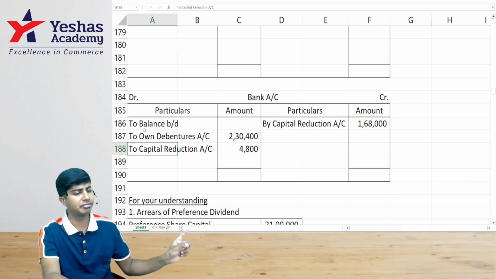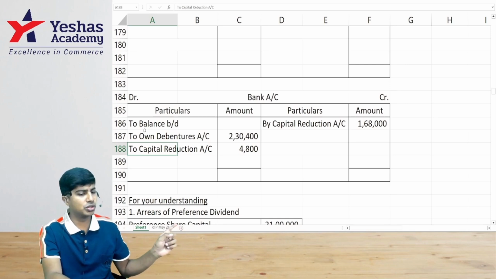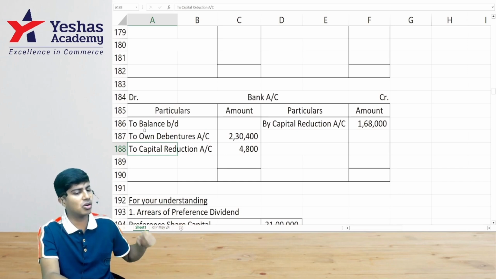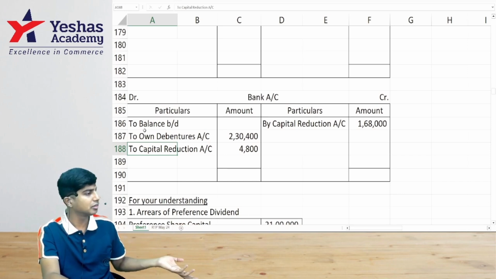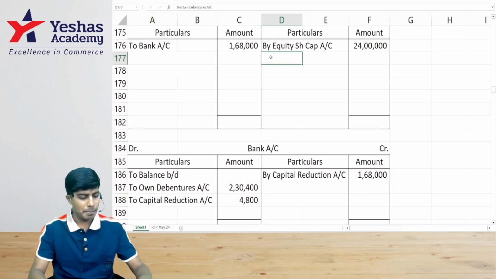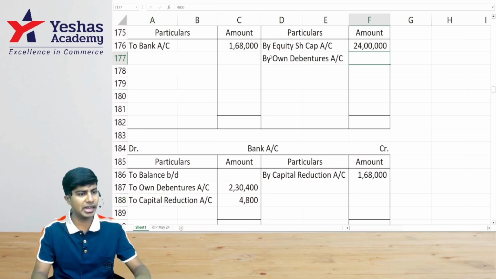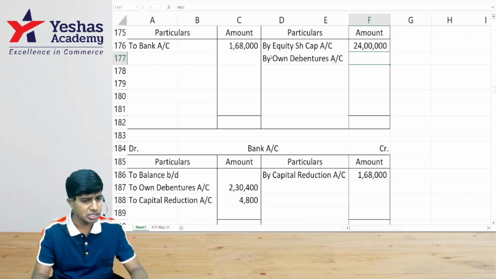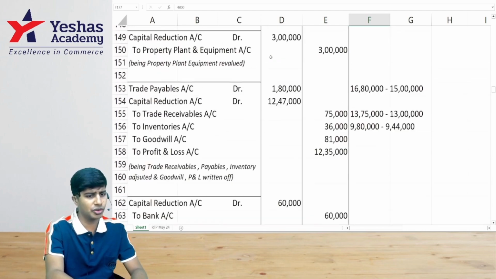Together 2 lakh 35,200. So I have written in bank account own debentures, capital reduction, 2 lakh 35,200. In our capital reduction account, I'll write by own debentures, so much? No. What is that entry?